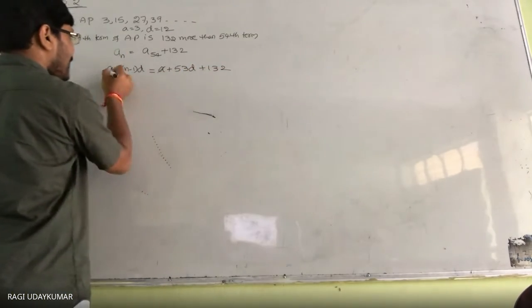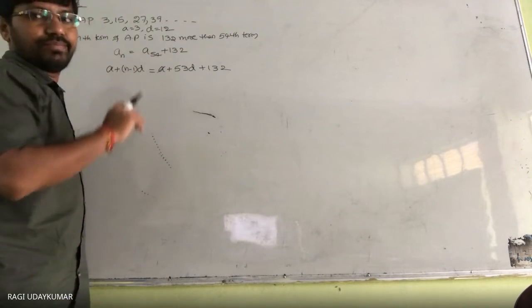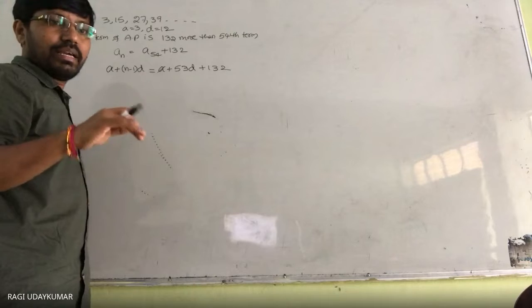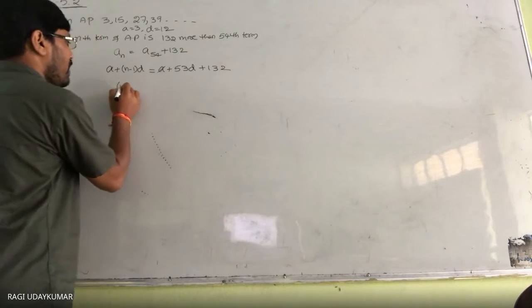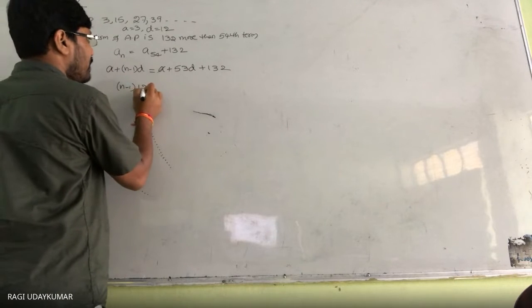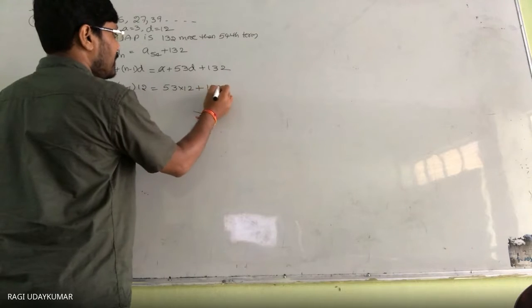What do we need to find out? We need to find n, which term of the AP. So n minus 1 into 12 is equal to 53 into 12 plus 132.